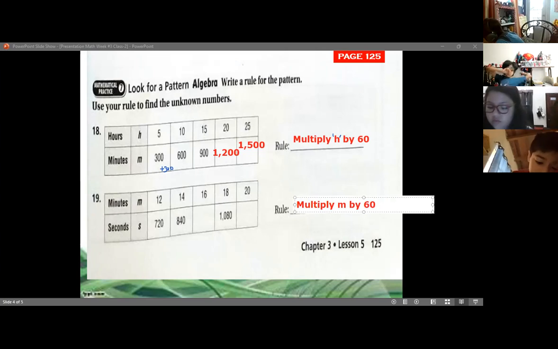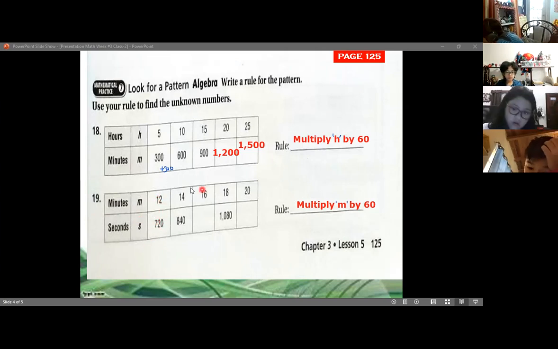If you multiply those numbers by 60, you're going to get the answer. If you multiply 12, the M, it's 12 times 60, you get 720. If you multiply 14 times 60, you get 840. Now, what is the answer of 16 times 60?